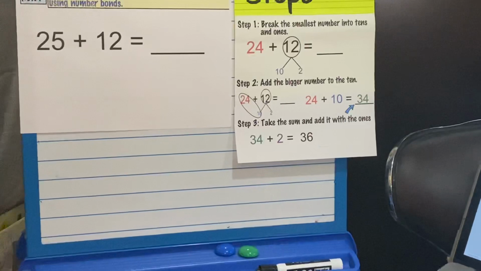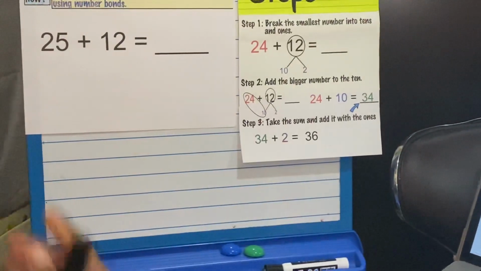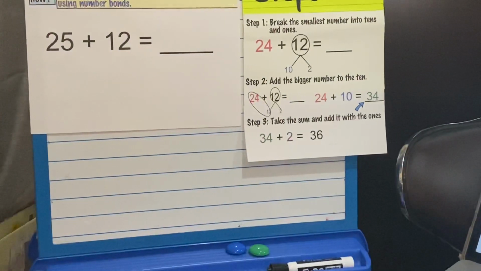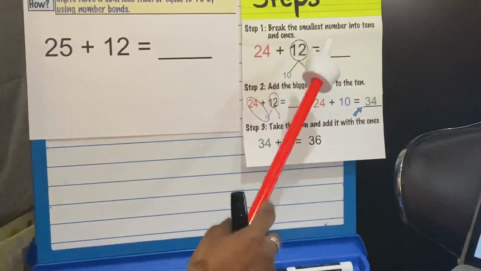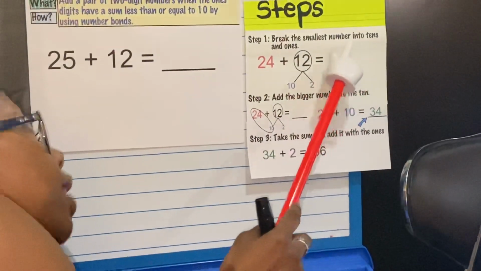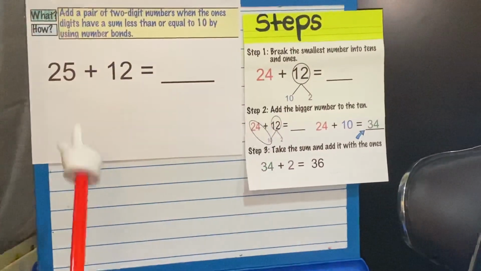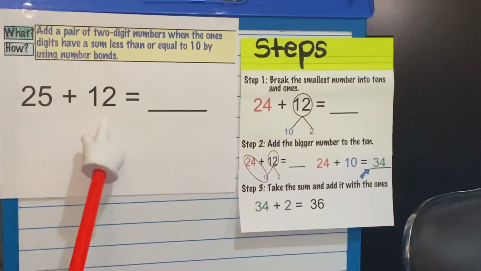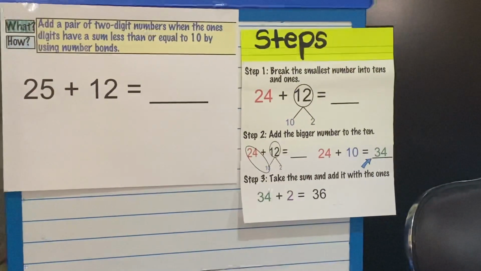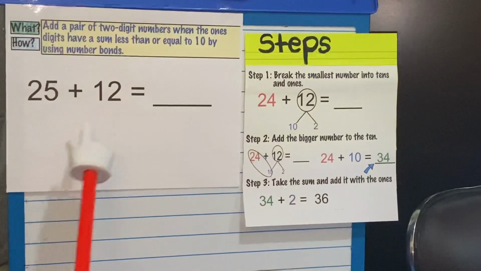Now, let me represent that using a number bond. Remember our steps. First, we're going to break the smallest number into tens and ones. So looking at 25 and 12, what is the smallest number? The smallest number, yes, is 12.